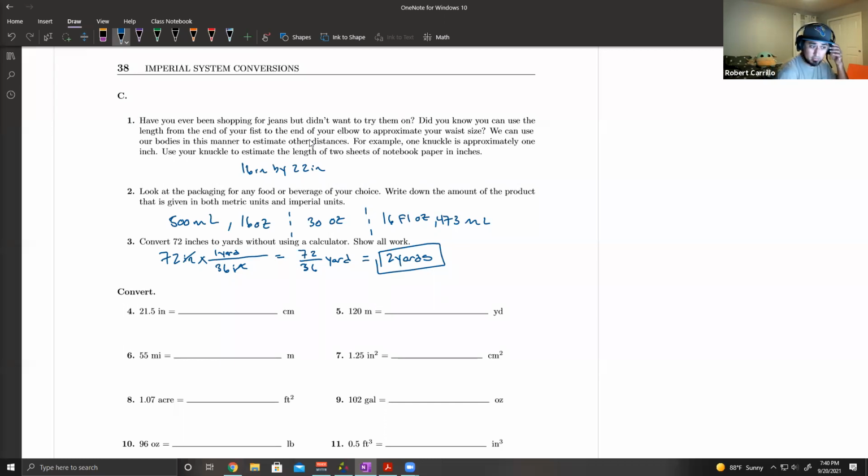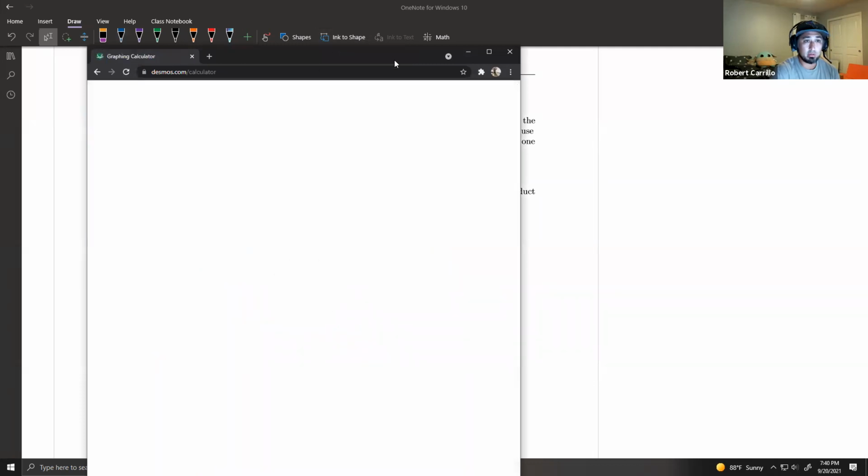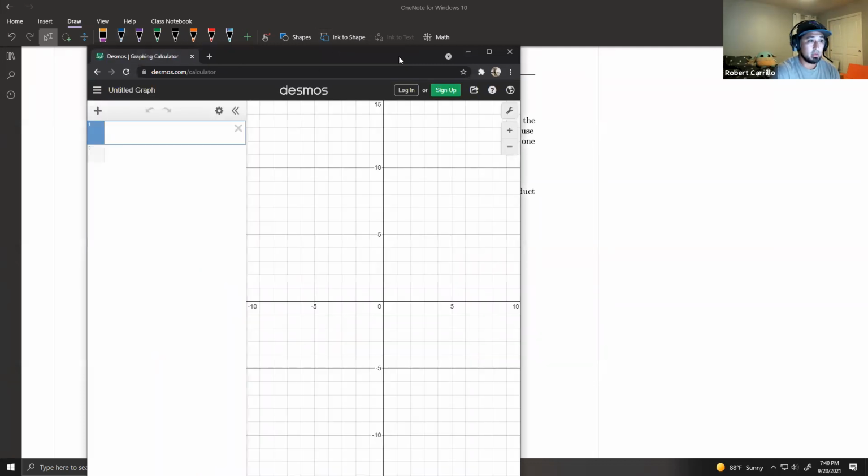Okay. So how can I do this on my screen? Because I want to show a calculator. So let me close this. Let me bring up Desmos. And because we're going to have to access that paper above, I'll keep you here, Desmos.